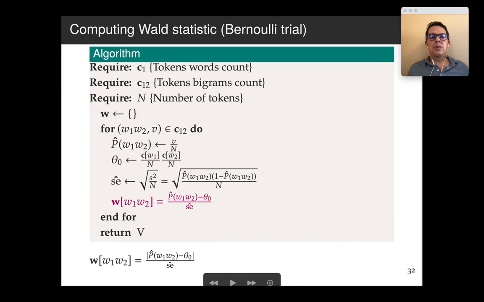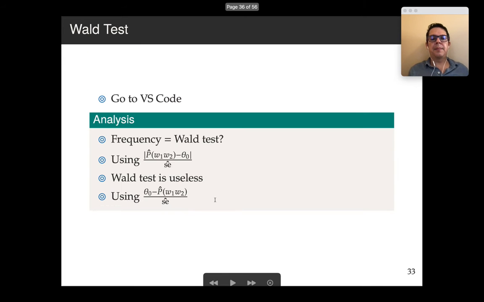So if we have a set of tokens, words, and then we have a set of bigrams, then we can iterate for all the bigrams and compute the Wald statistic. In fact, we are not computing in this algorithm the exact Wald statistic, because the exact one will involve an absolute value, and we are not using the absolute value, but we are going to analyze what happens.